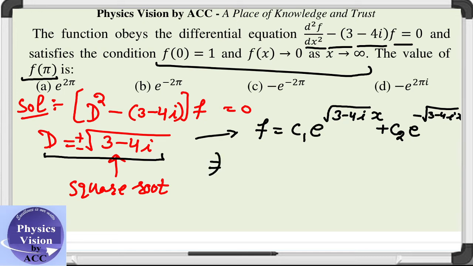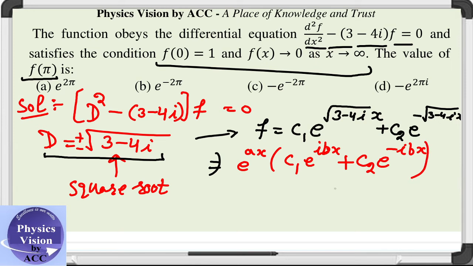It can be written in a simplified way as e raised to the power ax, times c1 e raised to the power ibx plus c2 e raised to the power minus ibx. This can be written in this way.